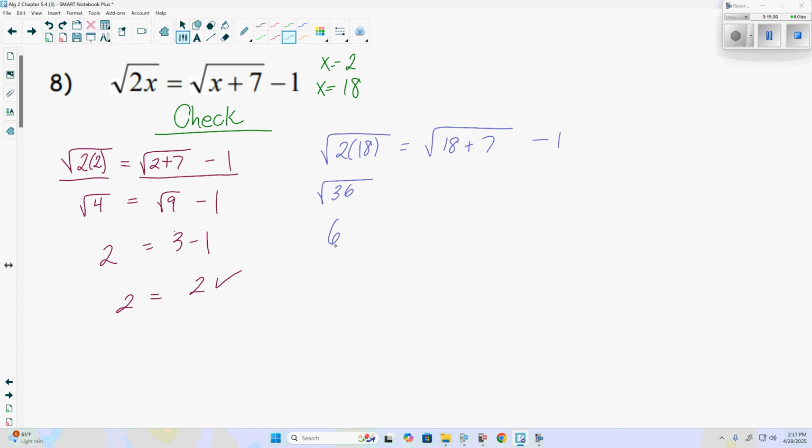So the calculator would just tell us it's 6. On the other side, 18 plus 7 is 25. Well, the square root of 25 is 5. 5 minus 1 is 4. So it would tell us that 6 is equal to 4. Well, that is not true. So the only solution that we have is that x is equal to 2. 18 did not work.